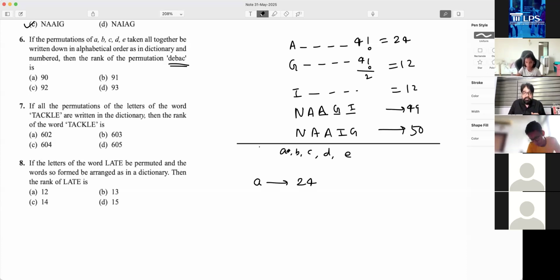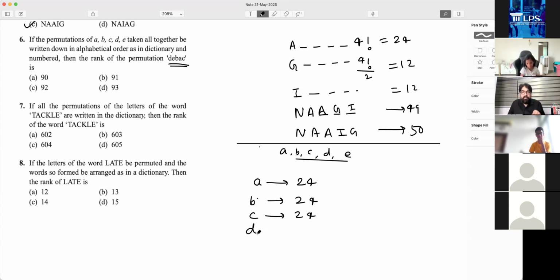Because if you fix A, the rest can be arranged in 4 factorial ways, 24. Yes, I'm correct. Start with B, again 24. Start with C, 24. Start with D, 24 will be there, but I will not calculate it because that is a part of my word.